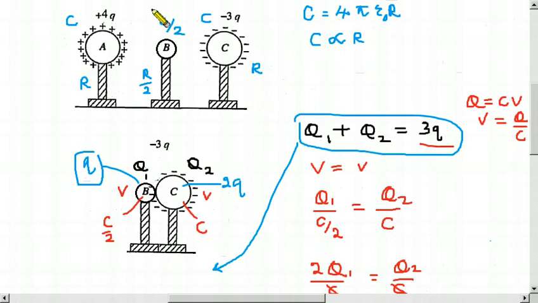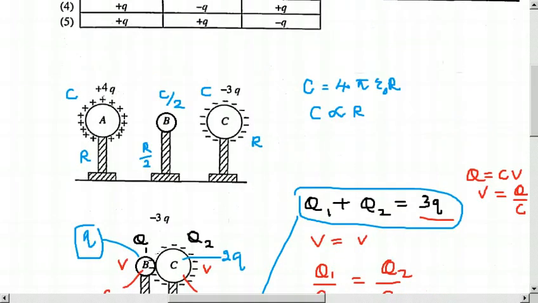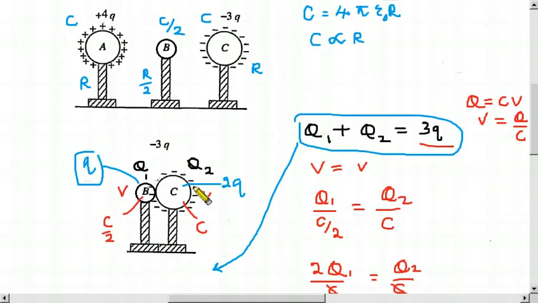So from here we can select. We don't have to calculate any further, we don't have to touch it with this A, because the final charge of C is 2q, and that is minus, because previously it had minus from the beginning itself. I neglected that when I was calculating. The minus sign we can now write.